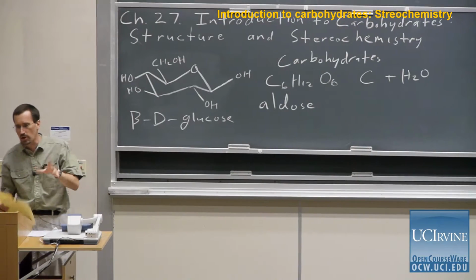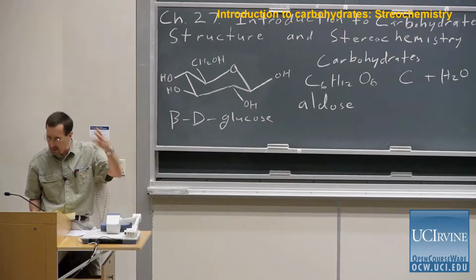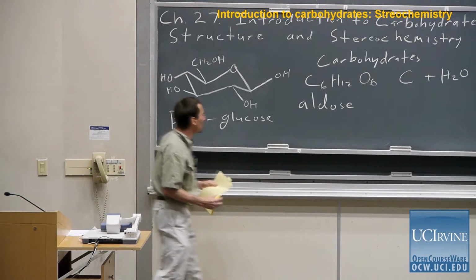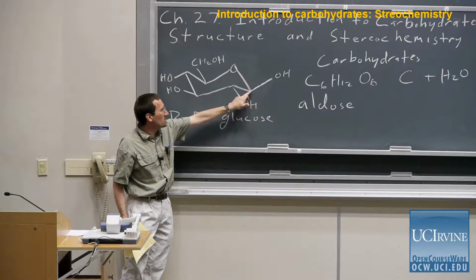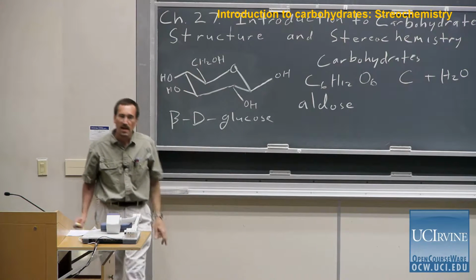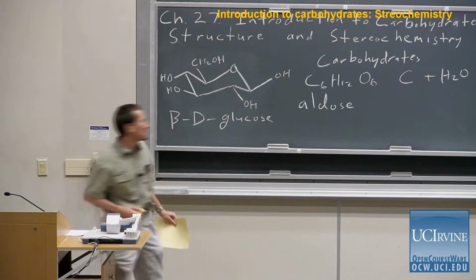There are also sugars where if you break up the hemiacetal, you get a ketone, and those are called ketoses. We'll talk about those later. Glucose is a 6-carbon sugar. We number it from this position 1, 2, 3, 4, 5, 6. And so glucose is called an aldohexose. Hex is 6.